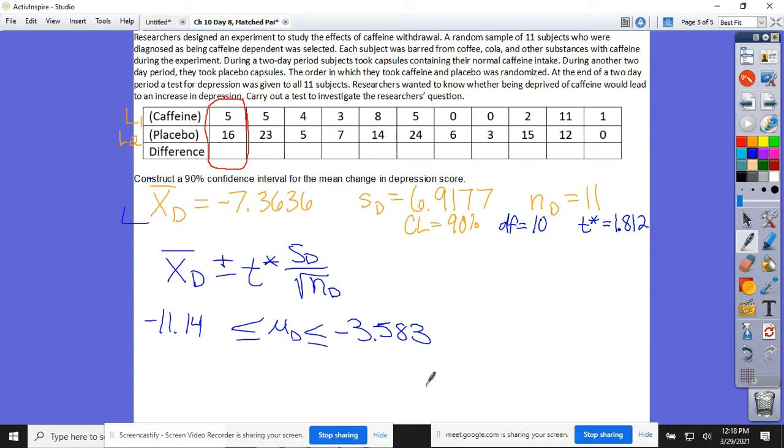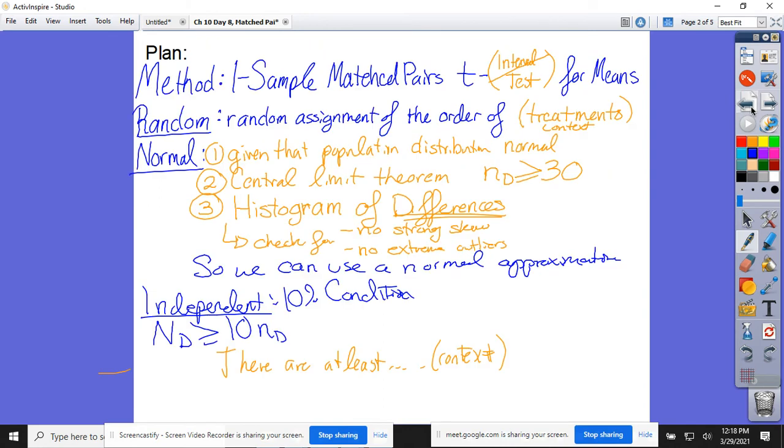So let's talk through our conditions, but without actually doing them. Here we would say random assignment of the order of what? I'd probably say random assignment of the order in which they received what or what? Placebo or caffeine.